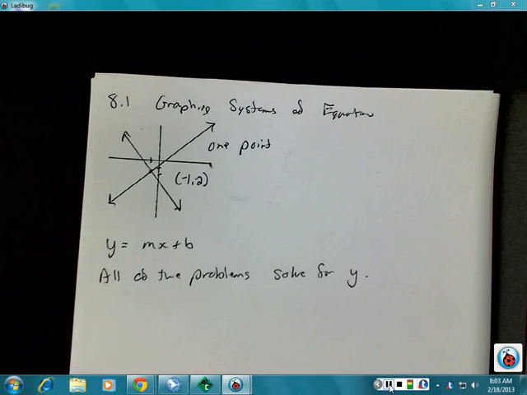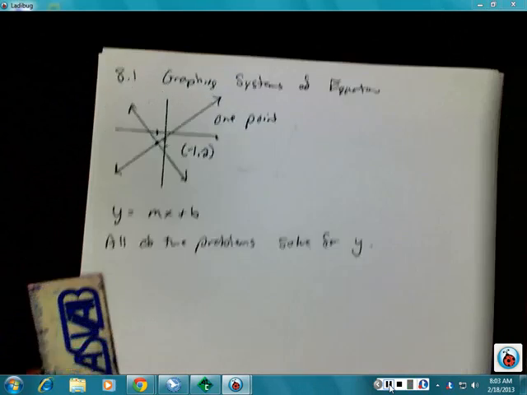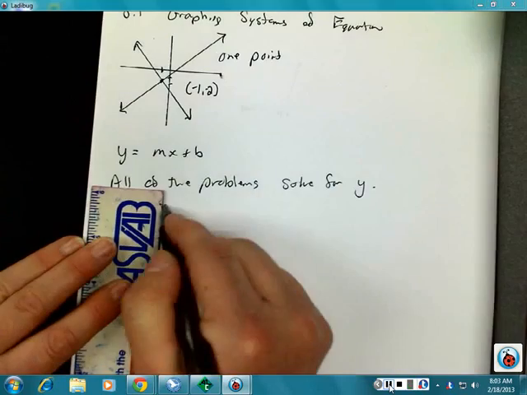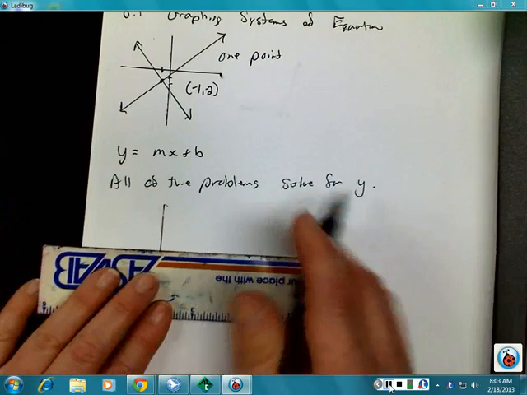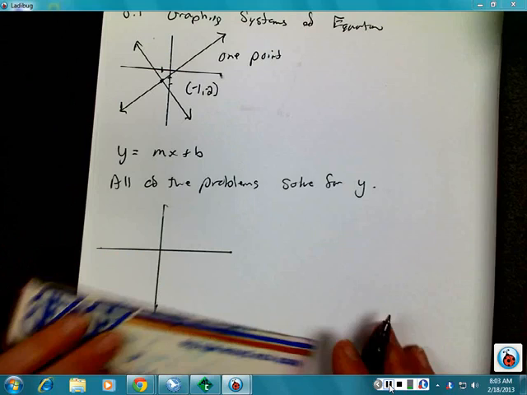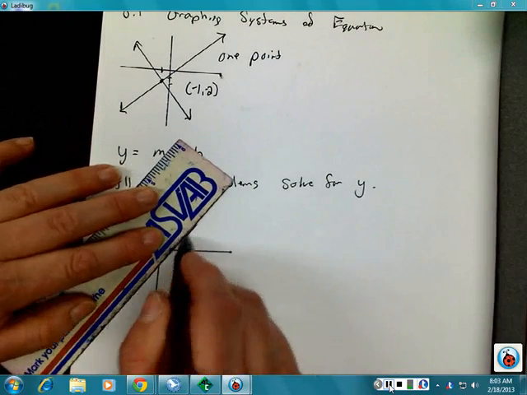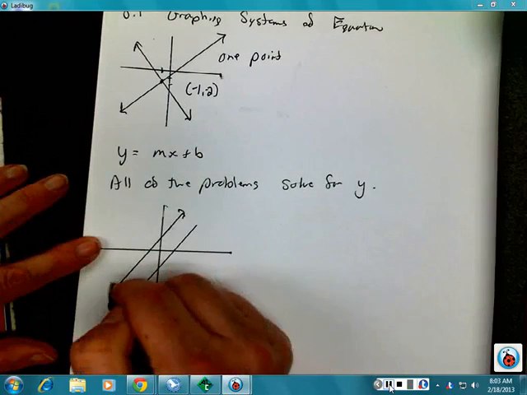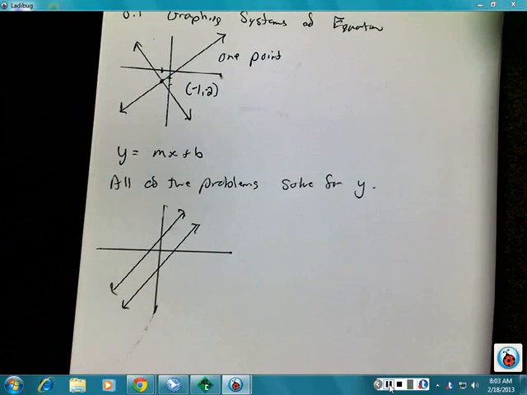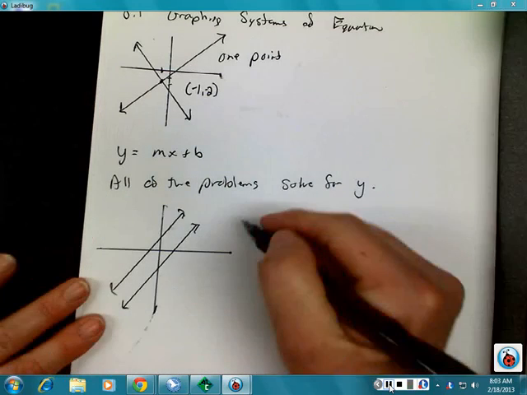The other possibility that we can have with graphing is that if you graph two lines, and one line graphs like so, and the other one graphs like so, what do you notice about those two? They're parallel, right?